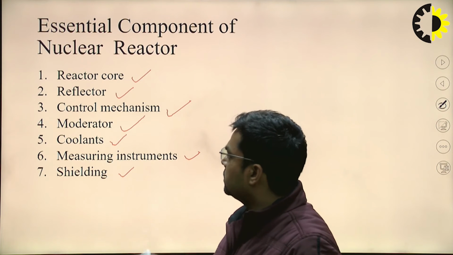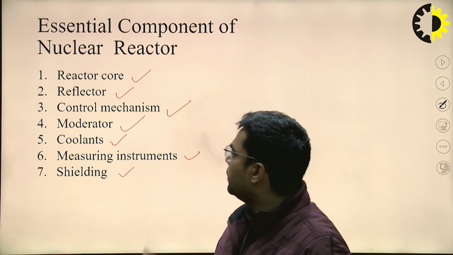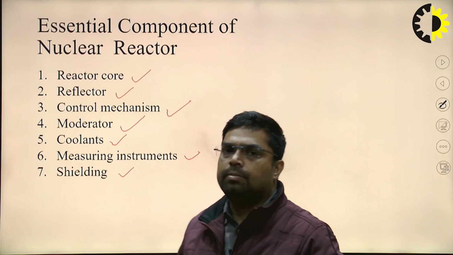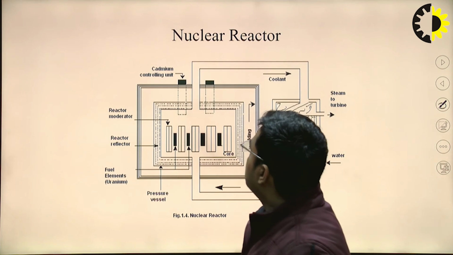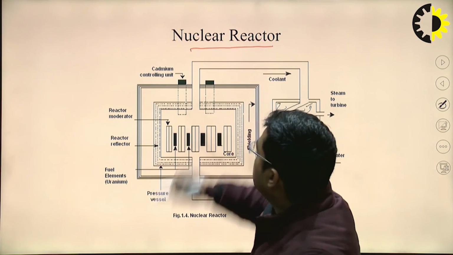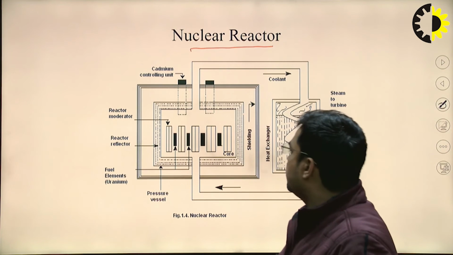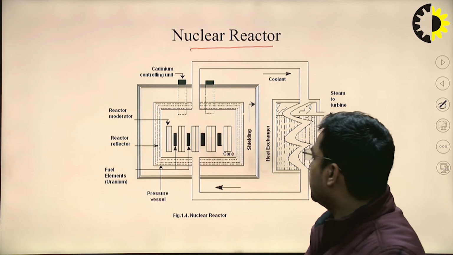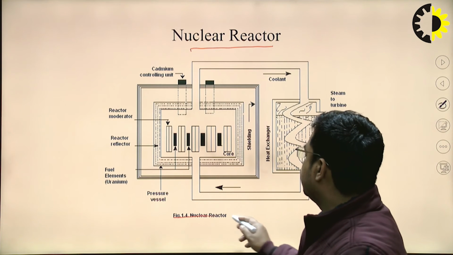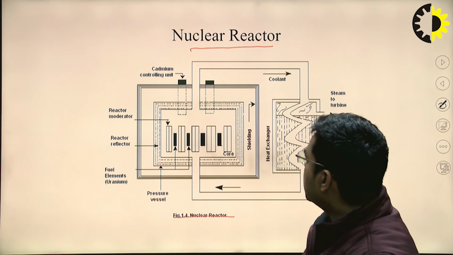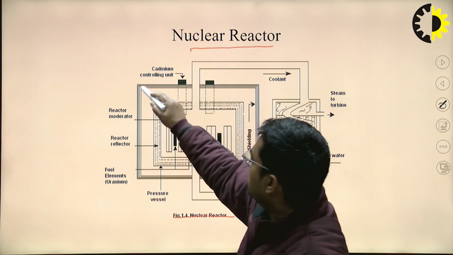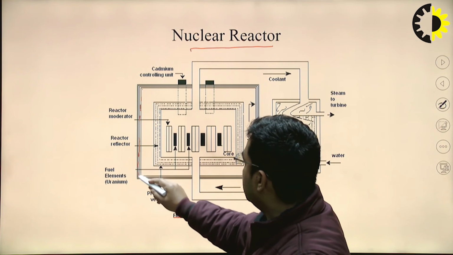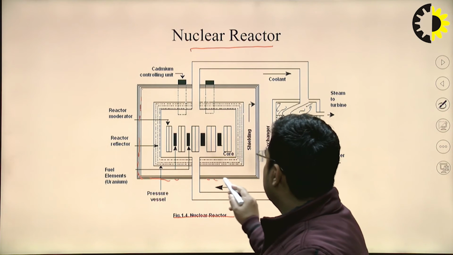So we will discuss these seven components in a basic layout design of a nuclear reactor. This is the basic design of a nuclear reactor. You can see the diagram of a nuclear reactor. You can see this is the outermost part.